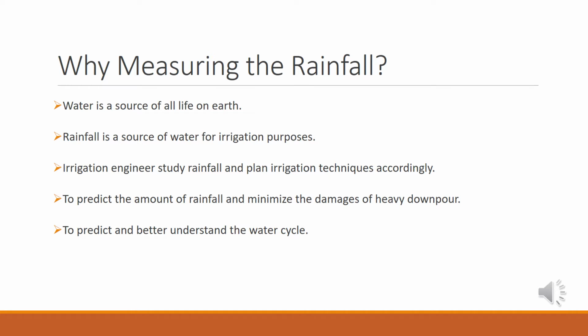Rainfall is a source of water for irrigation purposes, and irrigation engineers study rainfall and plan irrigation techniques accordingly. To predict the amount of rainfall, and take precautionary measures in case of heavy downpour, to avoid damages. Measuring the rainfall can help in predicting and better understanding the water cycle.